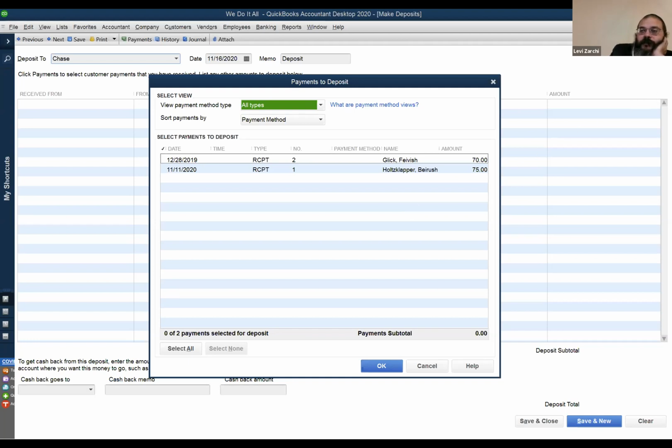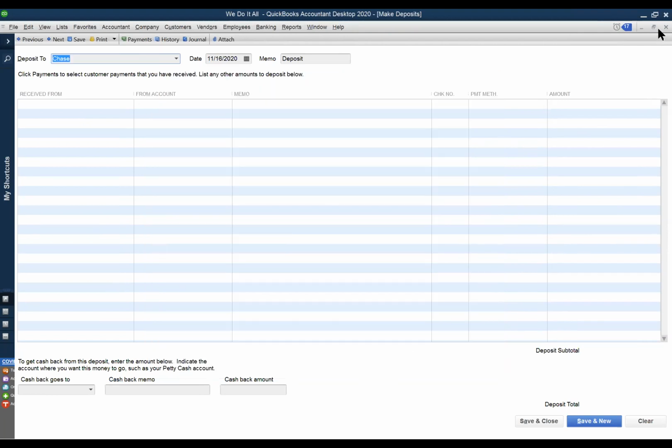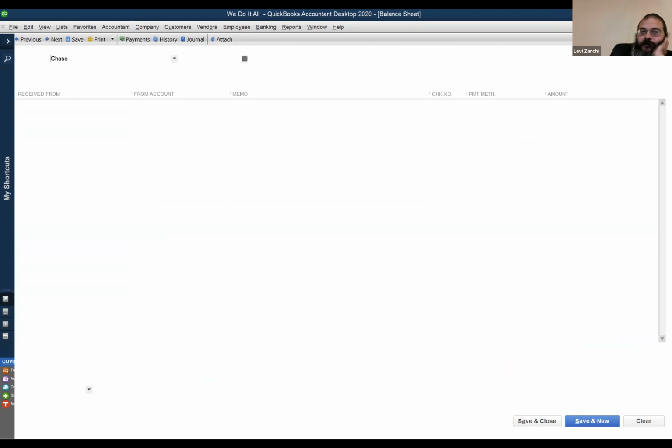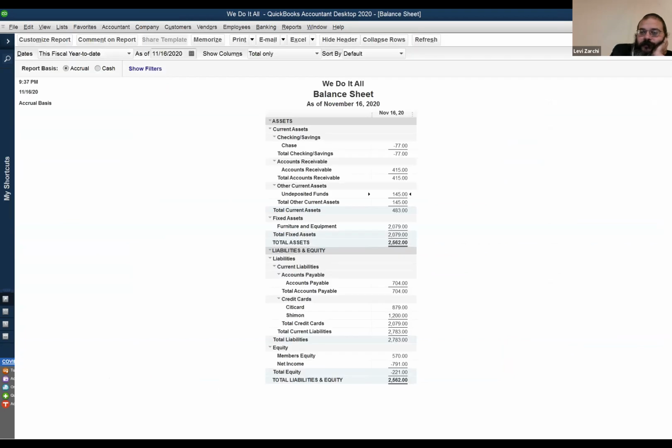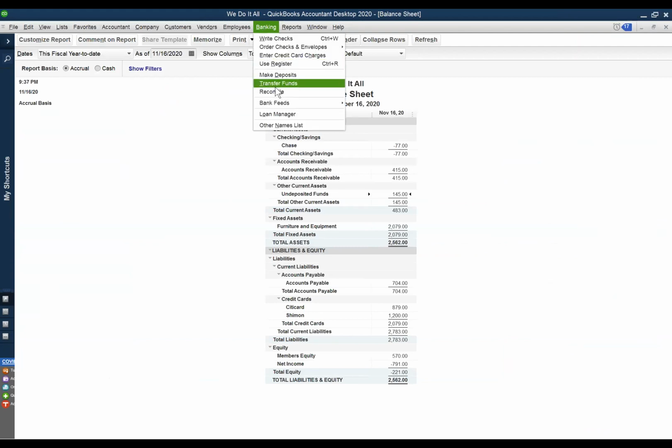You have to X out that screen, not the top X, that will close your whole QuickBooks. You have to take the second, the bottom X, close that, and go again and redo it. You X'd out the make deposits. Good. Go again and do banking, make deposits.